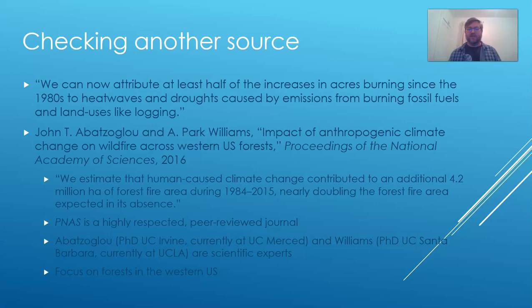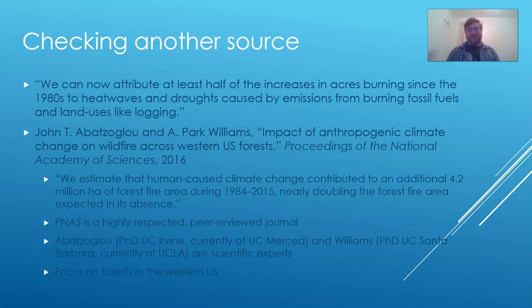And then if we look up those two authors, we find that Abatzoglou currently researches and teaches at University of California, Merced, got his PhD at UC Irvine, and then Williams got his PhD at UC Santa Barbara, currently works at UCLA. So those are certainly legitimate educational institutions, places we would expect to produce validated experts in various scientific topics.